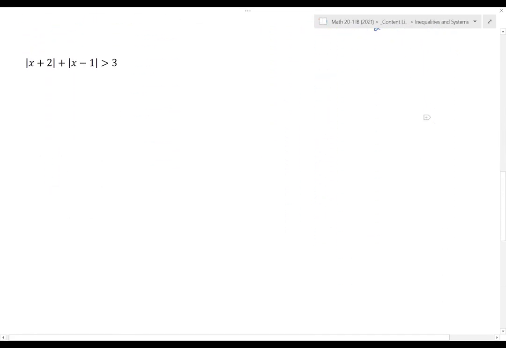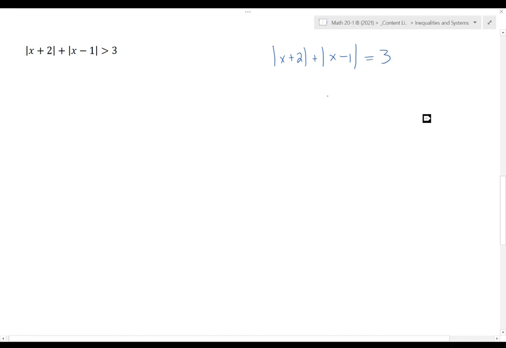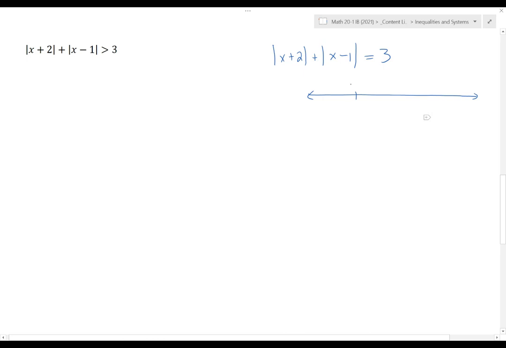And finally, let's look at another inequality with two absolute values. So again, we're going to solve the associated equation first. So when is the absolute value of x plus 2 plus the absolute value of x minus 1 equal to 3? So we've got 3 cases that are going to show up here. We've got critical values at negative 2 and 1.